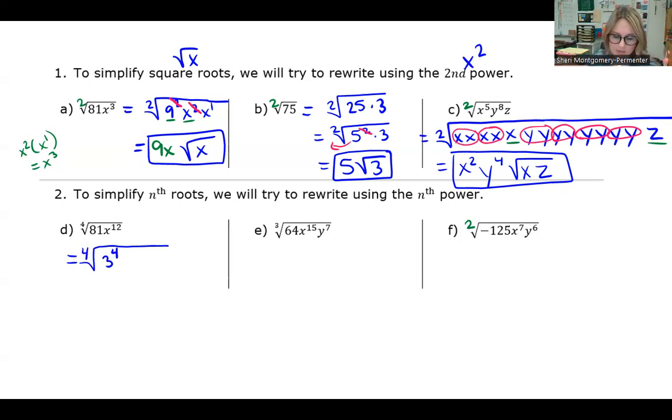So this is the same thing as x, and I have 3 to the 4th power because I have 3 groups. Anything that is to the 4th power, it's going to cancel out that operation and I can write it out into the front.